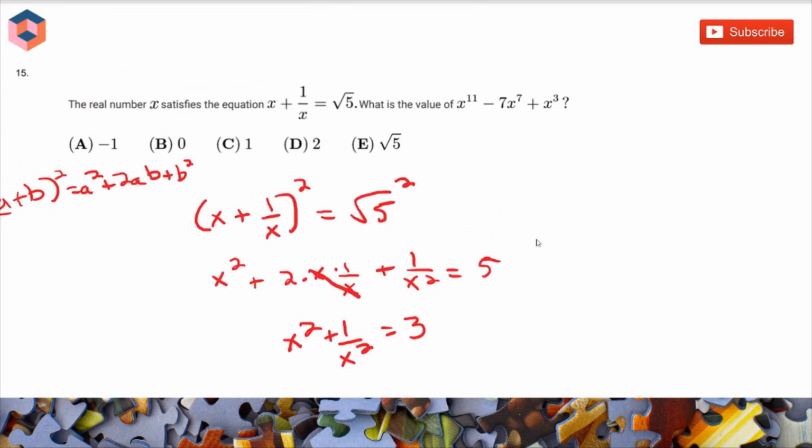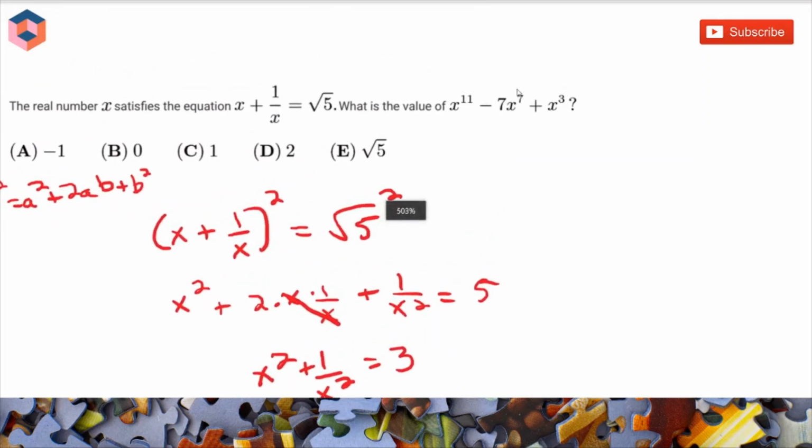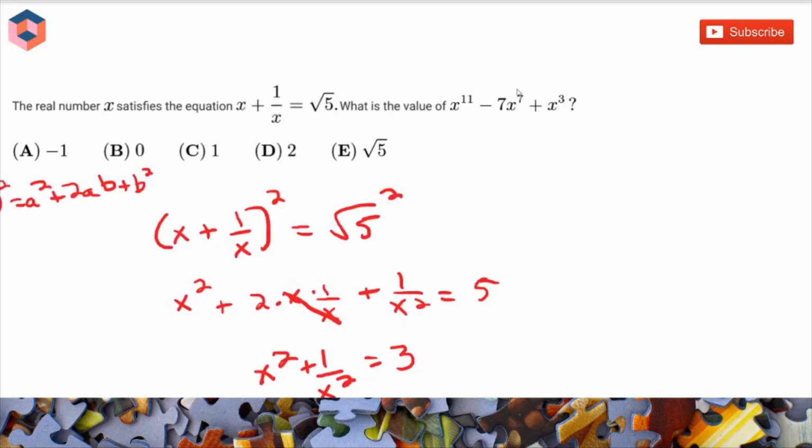Interesting. So this gave us a pretty nice answer. Okay. How can we use this? We don't have a squared term anywhere. One thing that we do notice is that for the expression that we're trying to find, there's x cubed terms everywhere. So what we can do is that we can factor out the x cubed to get x to the power of 8 minus 7 times x to the power of 4 plus 1.